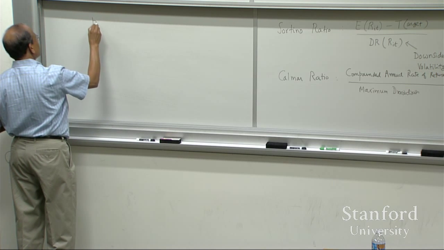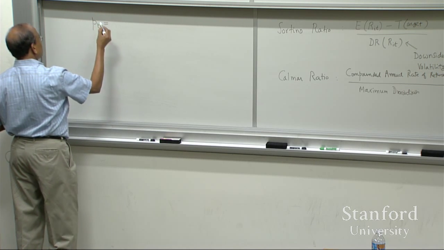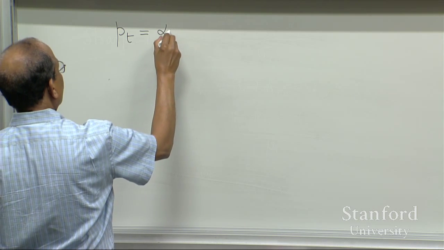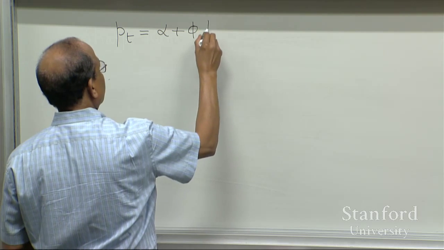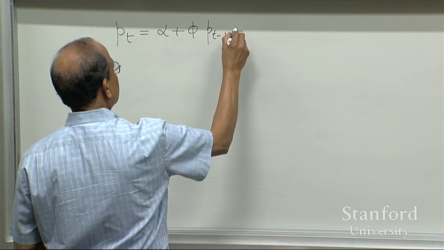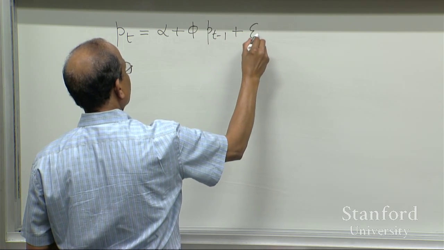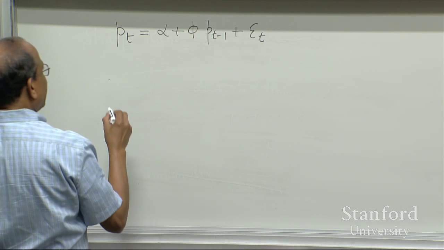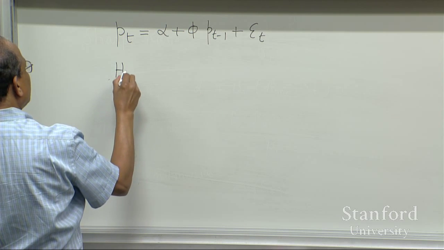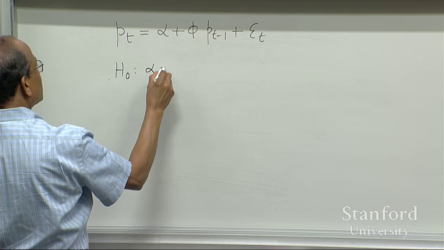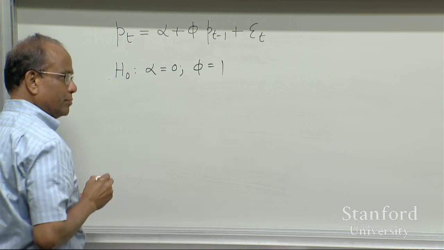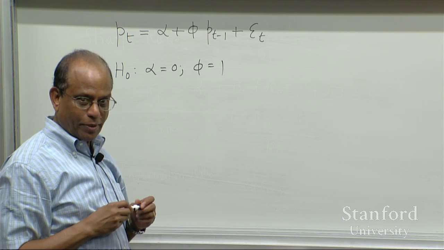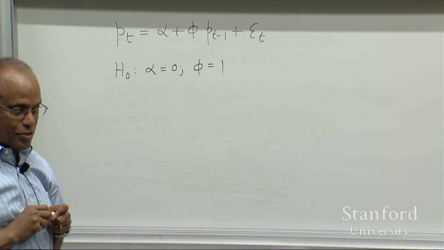So if we put a structure on this, P_t = alpha + pi times P_{t-1} + epsilon_t. We all know that if the process is a purely random walk process, alpha is supposed to be 0 and pi is equal to 1, right? That's the expected model that we are going to see.